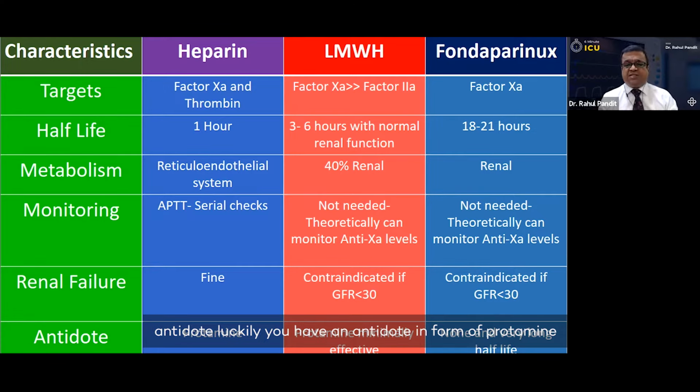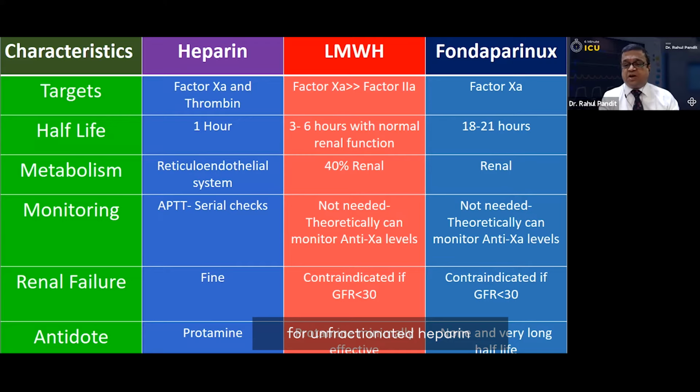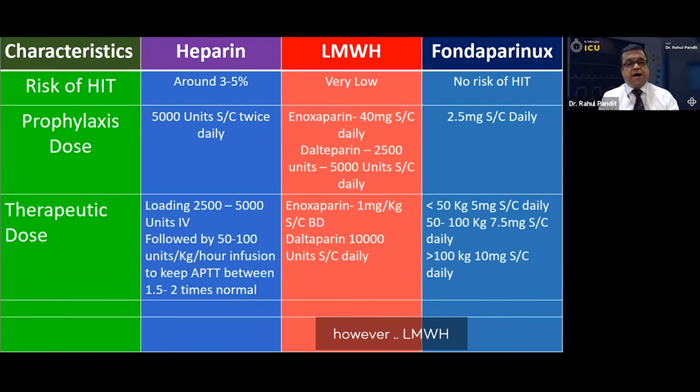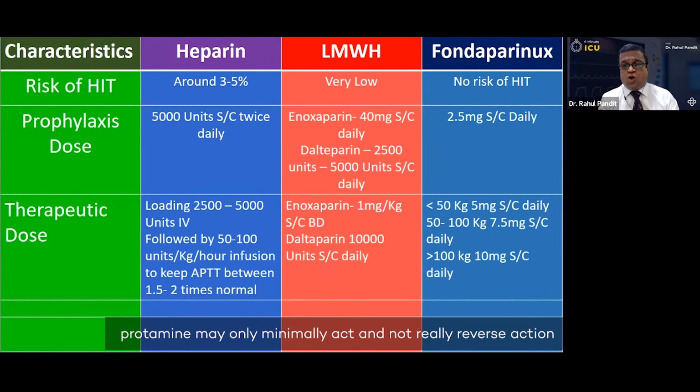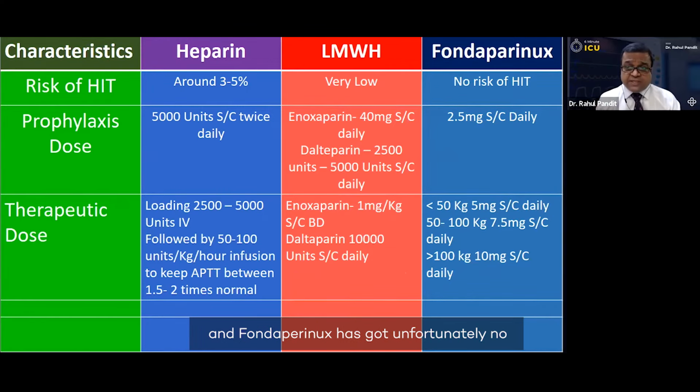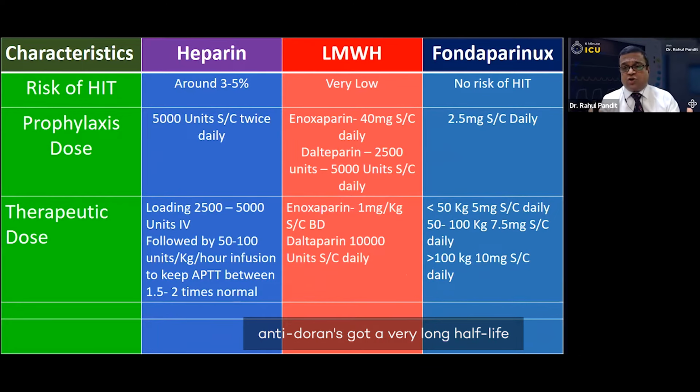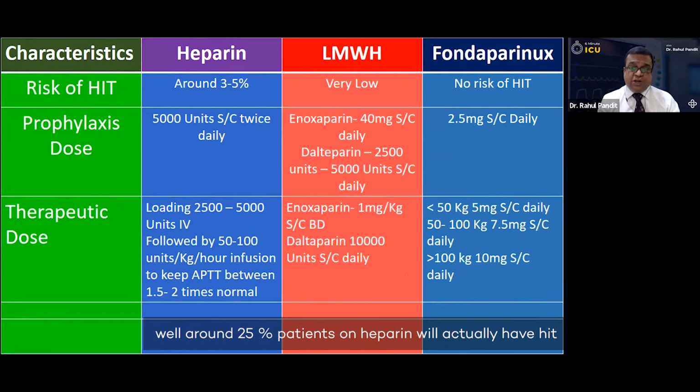Antidote: luckily you have an antidote in the form of protamine for unfractionated heparin. However, for LMWH, protamine may only minimally act and not really reverse the action. And fondaparinux has, unfortunately, no antidote and has a very long half-life. What about heparin-induced thrombocytopenia? Around 3 to 5% of patients on heparin will actually have HIT, whereas with low molecular weight heparin the risk is extremely low, and there is absolutely no risk with fondaparinux.